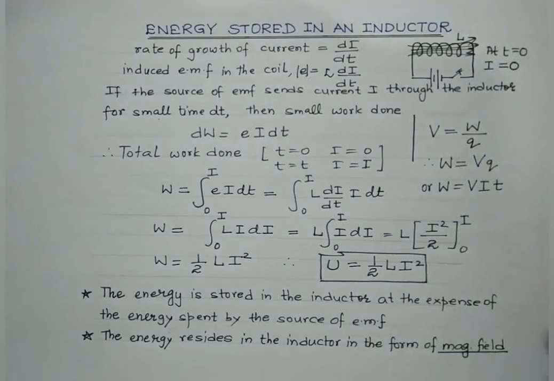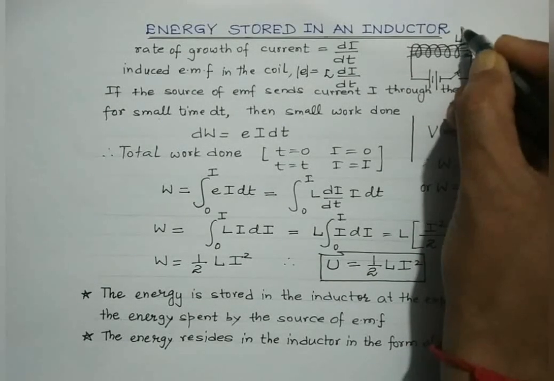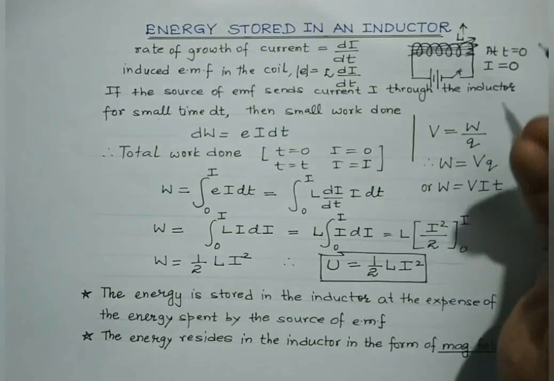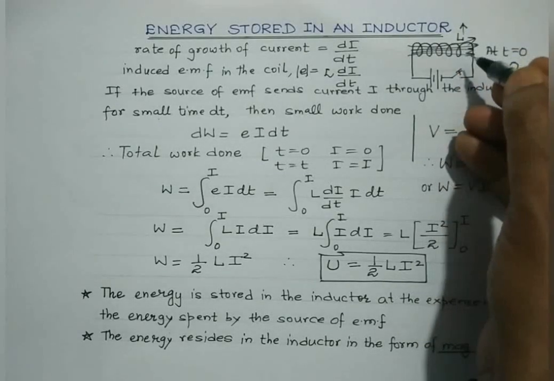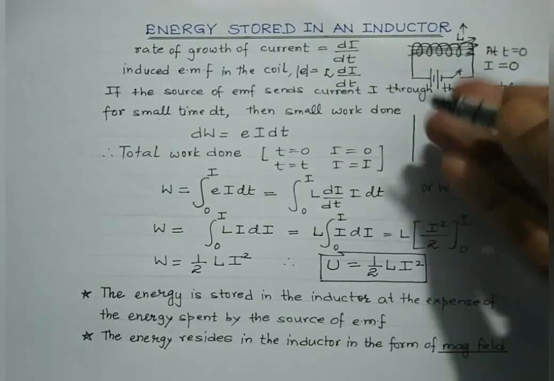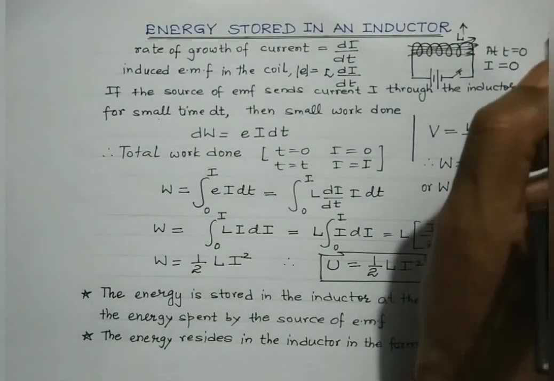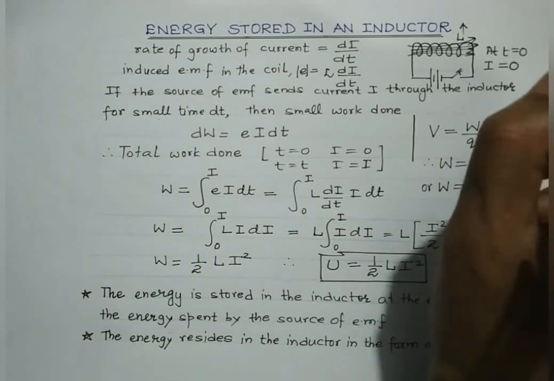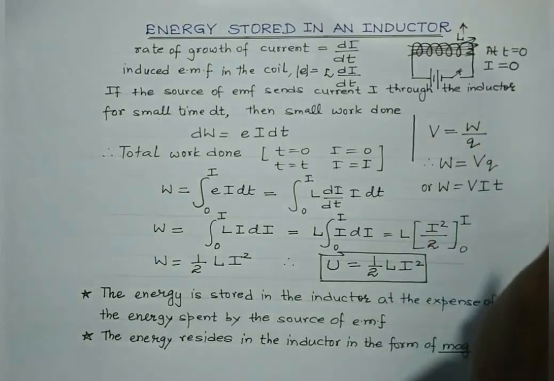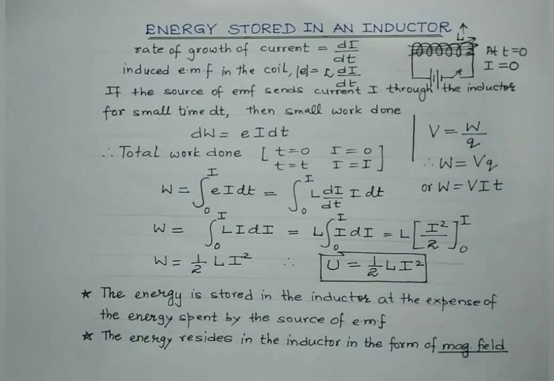So always remember, the self-inductance is also known as inertia of electricity. So greater the value of L, the more will be the opposition offered by the coil towards any change in the current or the magnetic flux through it. Right? So that is the reason why self-induction is also called inertia of electricity.